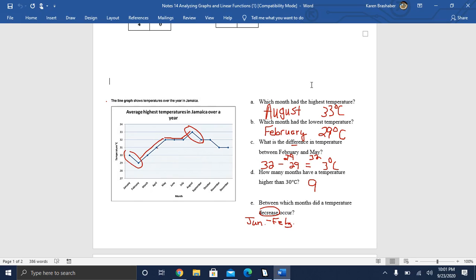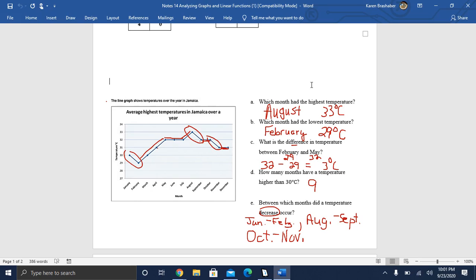And so from August to September, there was also a decrease. And then we are steady. We have another decrease right here, and this is from October to November. And then it stays steady from November to December.